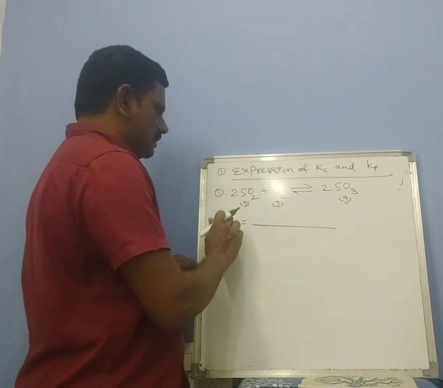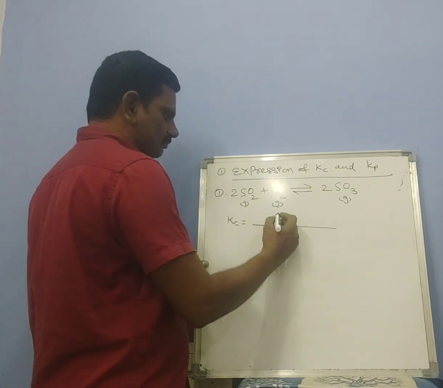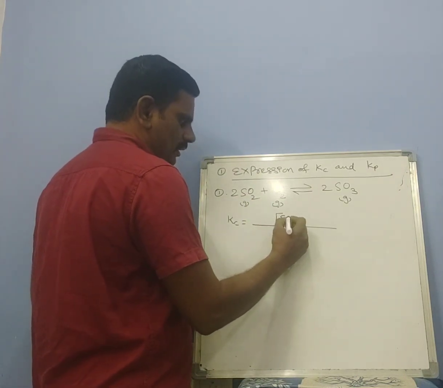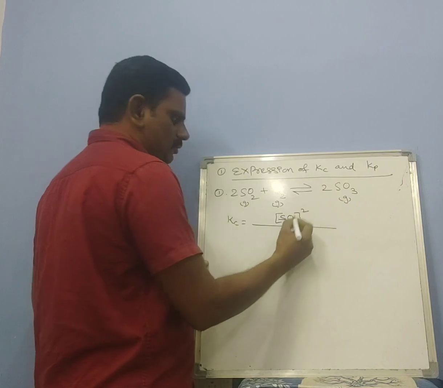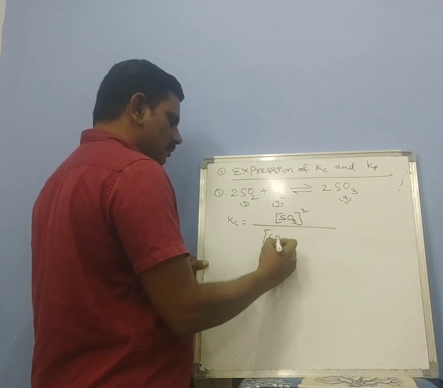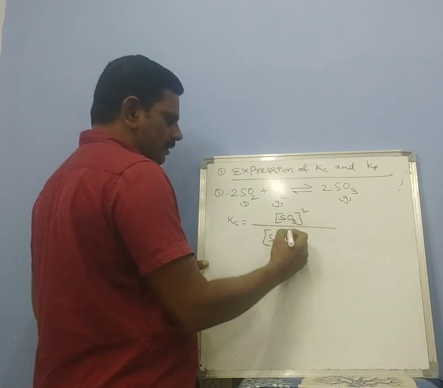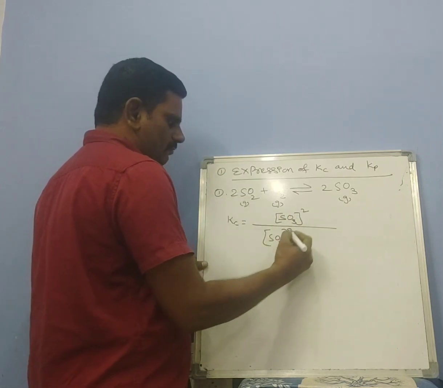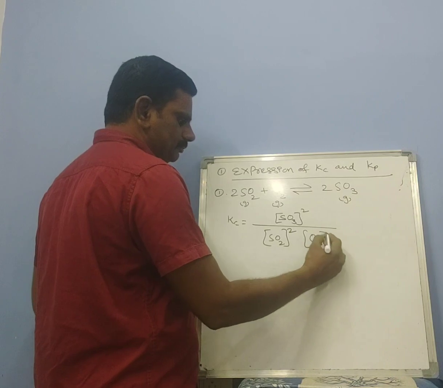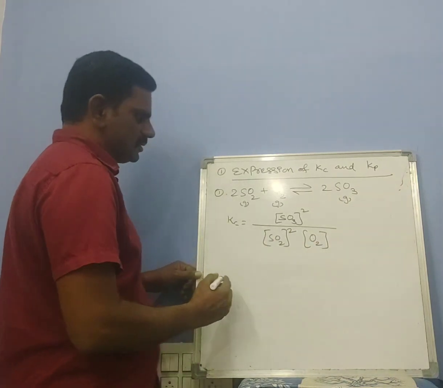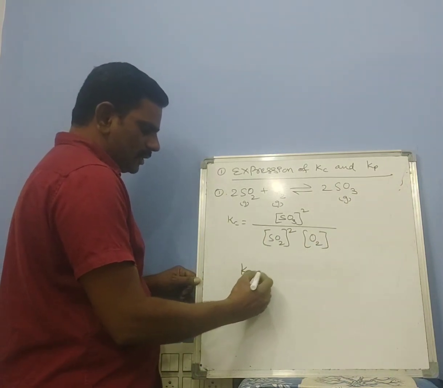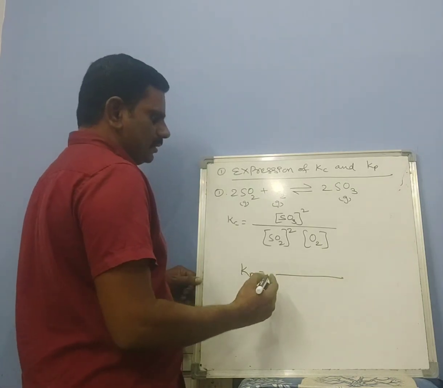Now Kc. Kc is equal to, how can we write it? [SO3] whole squared, the product, divided by the reactants, so [SO2] squared into [O2]. It is the expression of Kc. We can write the Kp value like this.